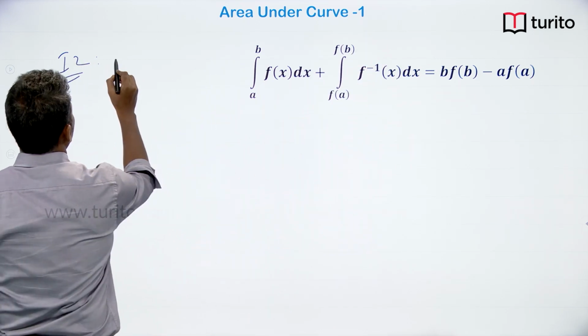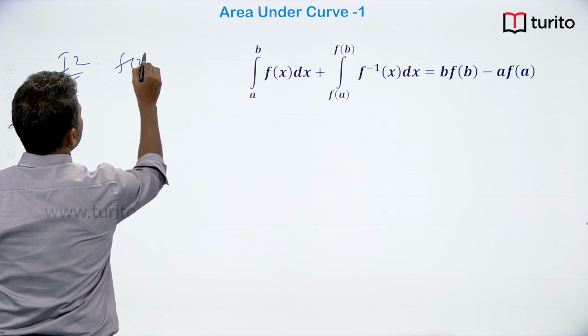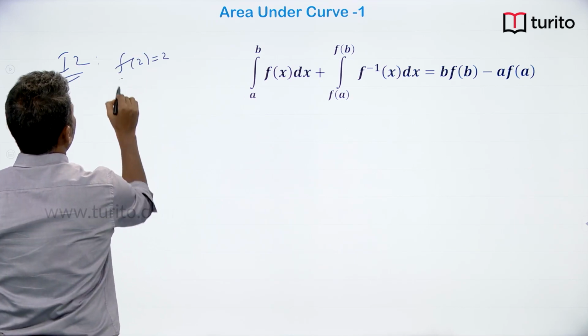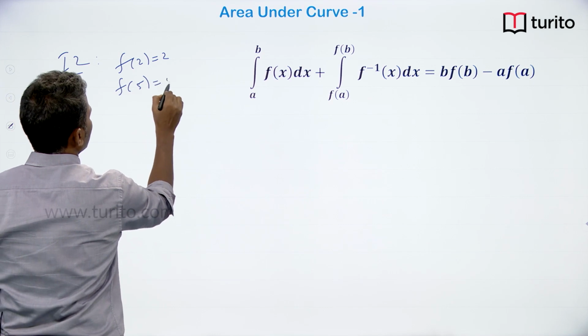So what are the values given? f of 2 is given as 2 and f of 5 is given as 5.